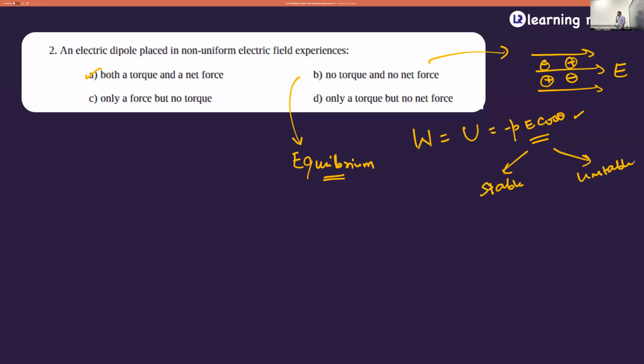When will you call it stable equilibrium? When the value of theta is 0 degrees. When will you call it unstable equilibrium? When the value of theta is 180 degrees. You're clear with this, right? So this is what will happen. So this is not the answer. Sorry.